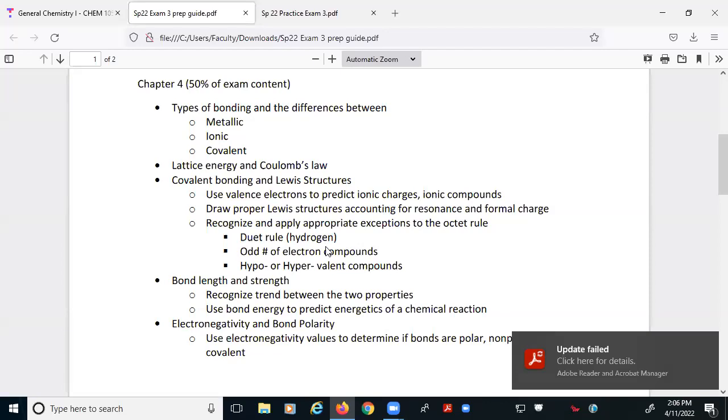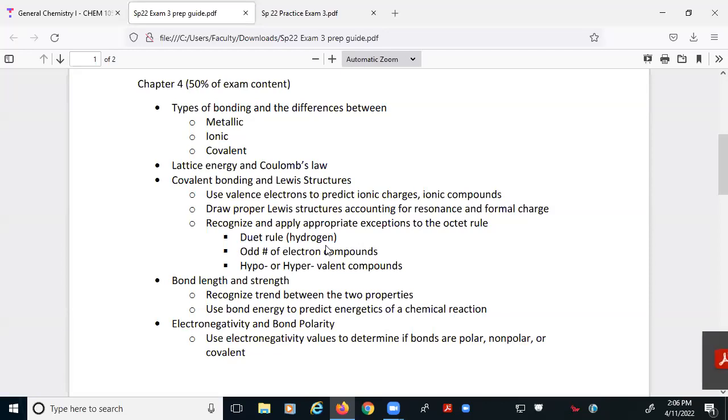But if you look in here, one thing that is missing from the Chapter 4 topics is nomenclature. Even though the practice exam did have some nomenclature questions on it, the exam on Wednesday will not have nomenclature questions on it. Like I said last week, I already tested you on that material, and I don't see a need to keep hammering that home.